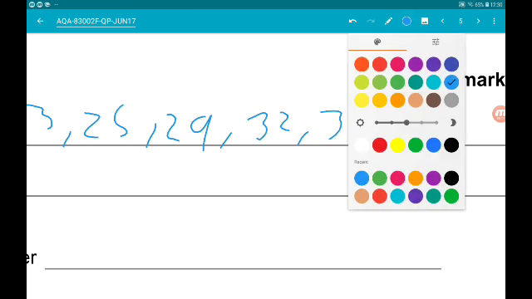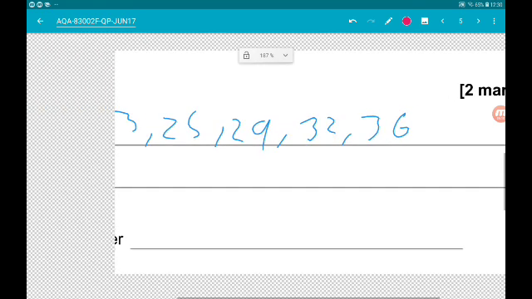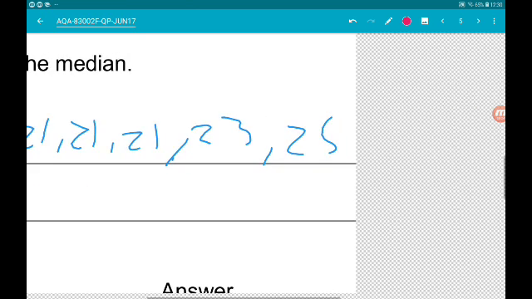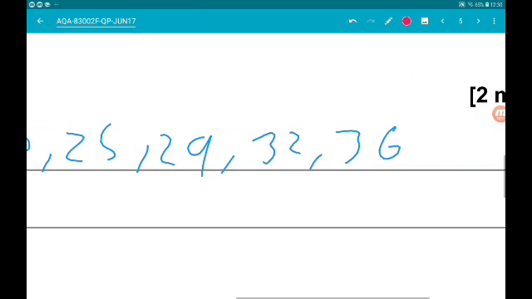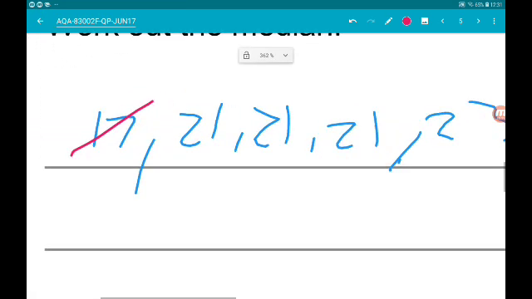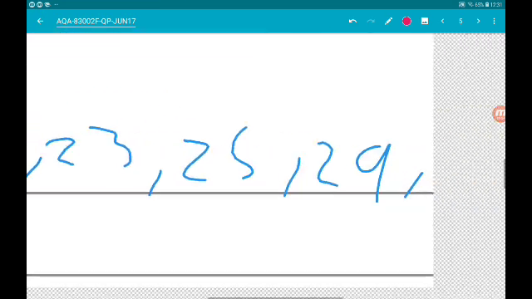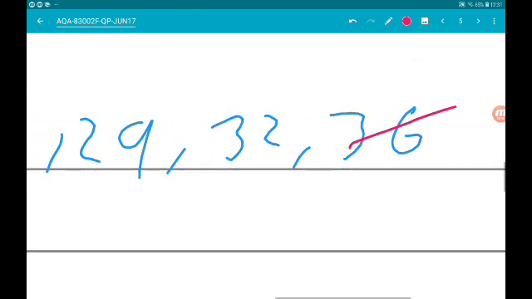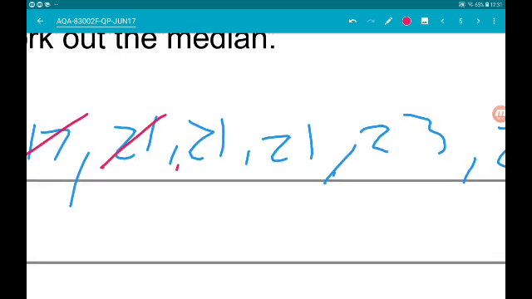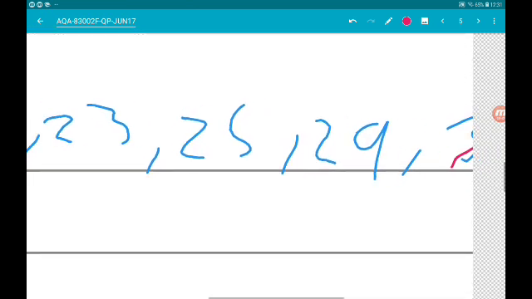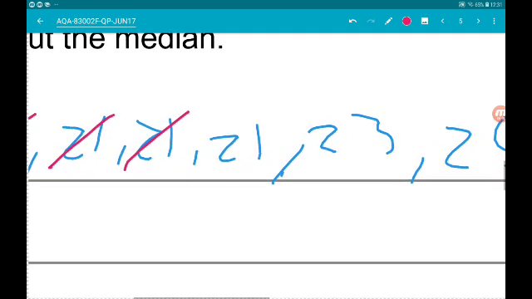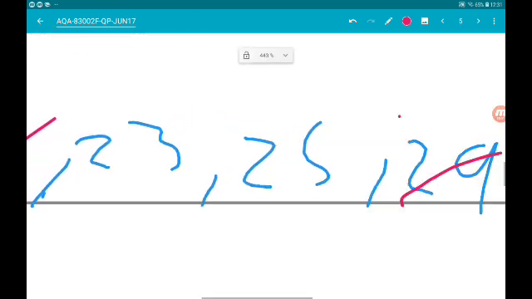Okay, so now to find the median, we cross 1 off on the left, 1 off on the right, 1 on the left, 1 on the right, 1 on the left, 1 on the right, 1 on the left, 1 on the right.